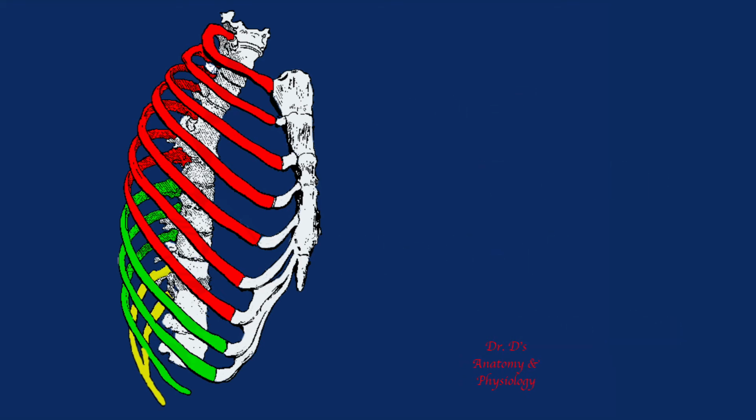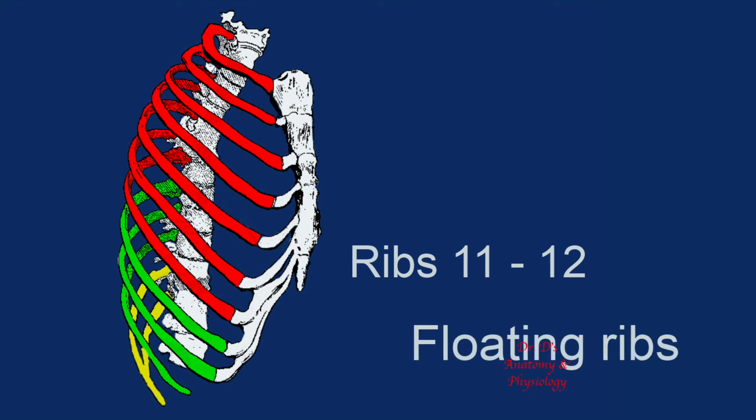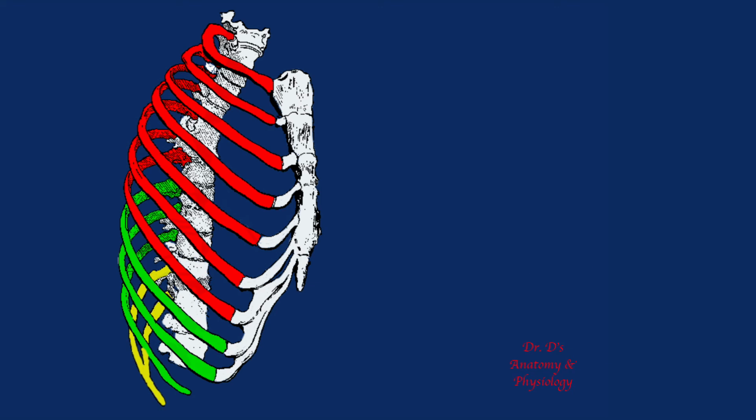But within this group of false ribs, ribs 11 and 12 are also going to be referred to as the floating ribs.